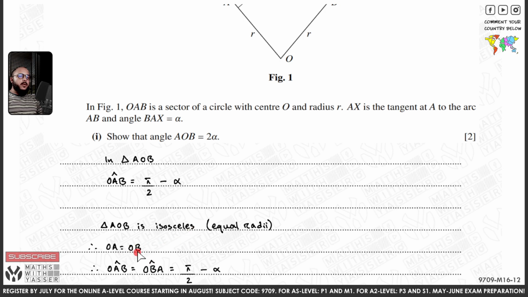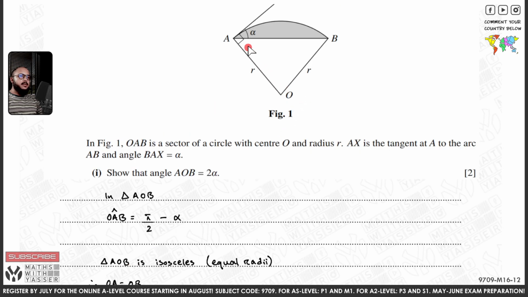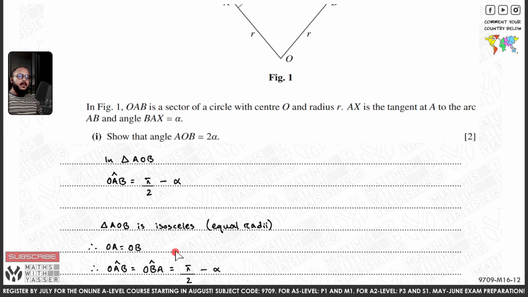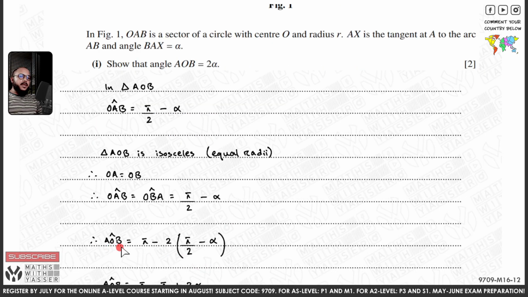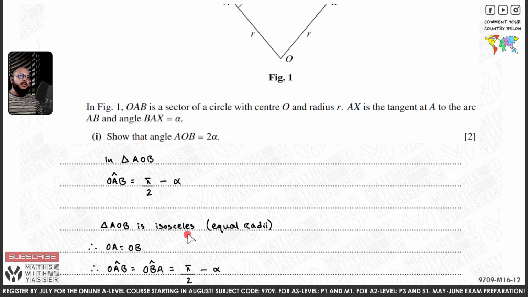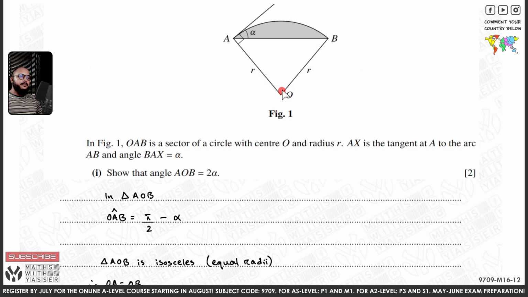So OA must be equal to OB, and therefore the angles opposite equal sides must be the same as well. So OAB is equal to OBA, which is pi by 2 minus alpha. So AOB is the required angle.